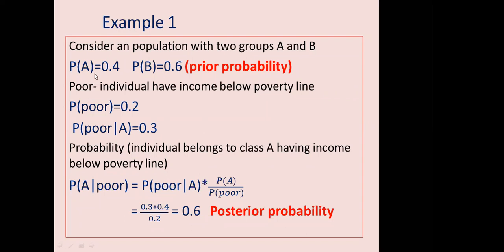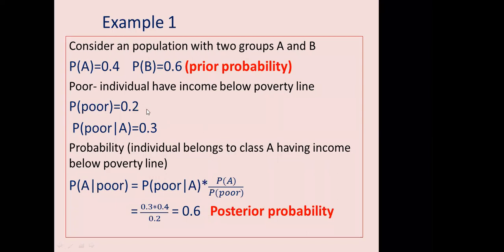Here we have two variables in this case. One is the class of the individual, and the other is whether the individual is poor or not. If the individual has income below the poverty line, then the individual is poor.